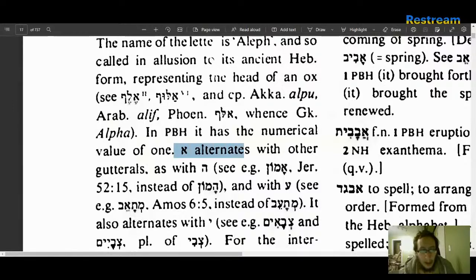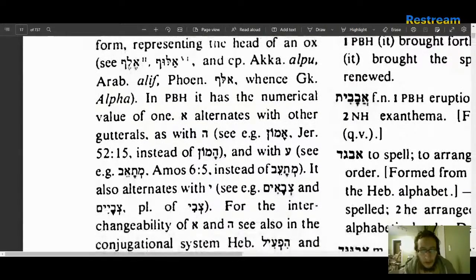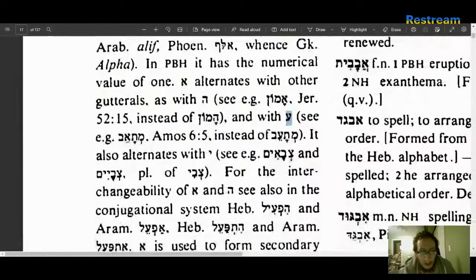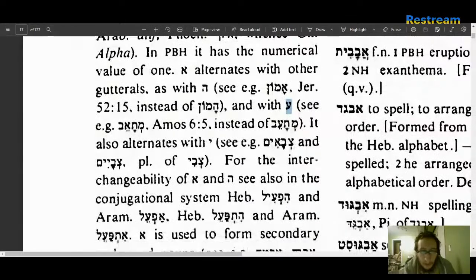Aleph alternates with other gutturals, as with He. So sometimes it's spelled differently in the Bible in different places. Here you have Amun versus Emun. And with Ayin, it can also alternate with Yod occasionally.